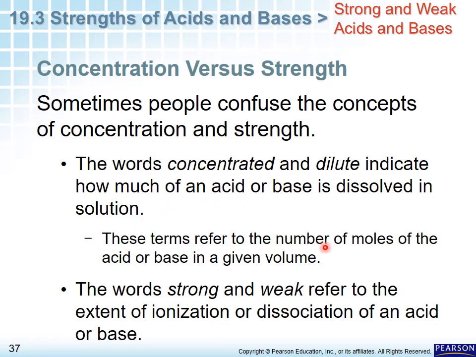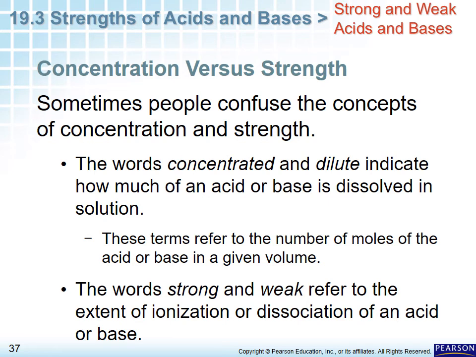These terms refer to the number of moles of the acid or base in a given volume. The words strong and weak refer to the extent of ionization, that is, how much is going to be ionized or dissociated as an acid or base.